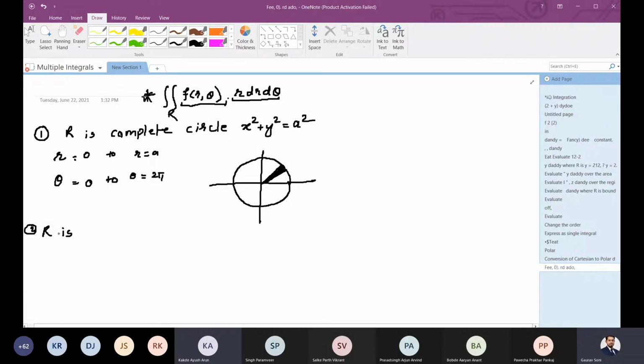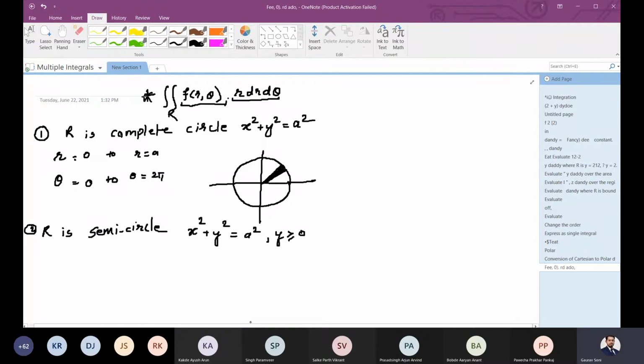Now R is the semicircle x square plus y square equal to a square, and y is greater than or equal to 0.